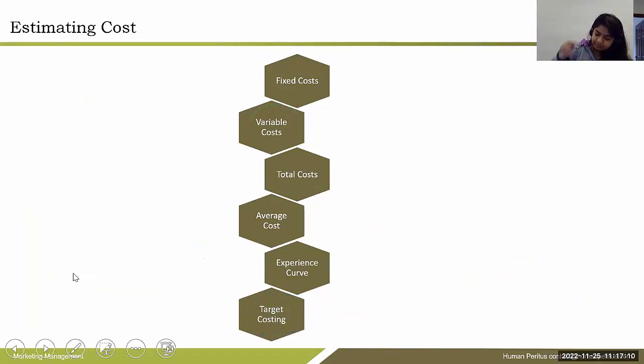Now, experience curve. So the word comes from experience basically. When you keep on producing something, you become an expert in it. You develop an expertise in it. So there is a decline in the average cost. Let's say, I'll explain it in another way.